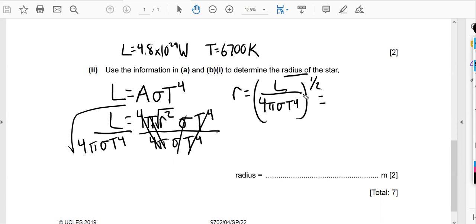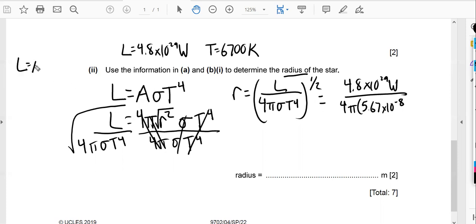Let's make some substitutions. The luminosity given up here, 4.8 by 10 to the 29 watts, over 4 pi. Now sigma, the Stefan-Boltzmann constant, does anybody remember its value? 5.67 by 10 to the -8. And then the units, right, I kind of have to use this equation.